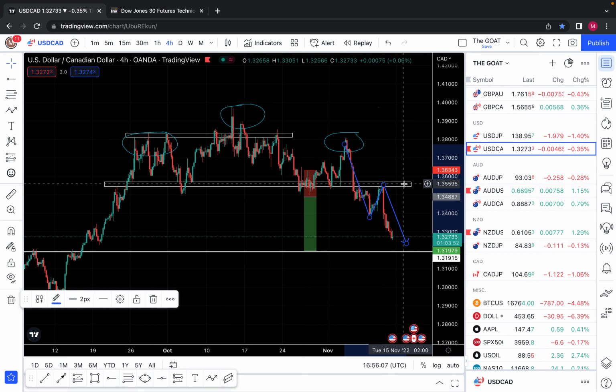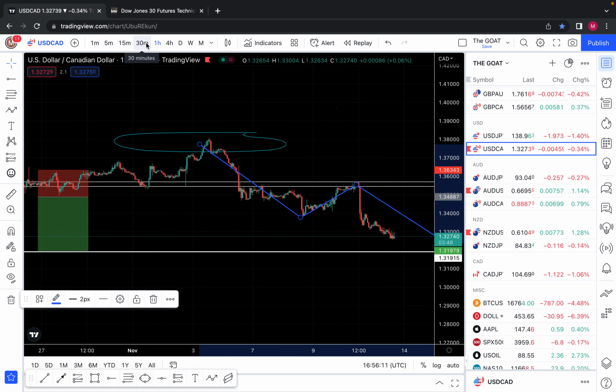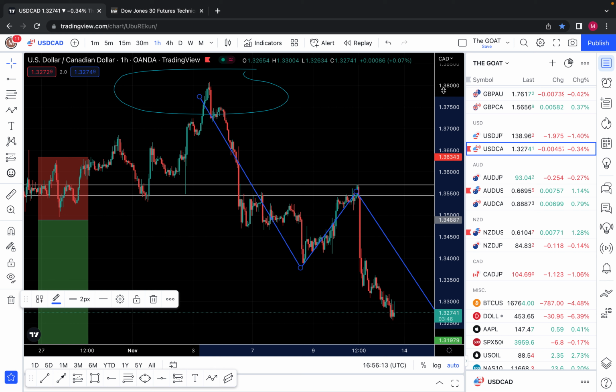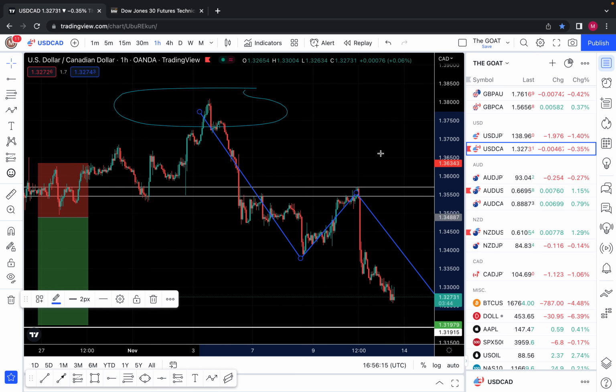So what I did here is I went down to the 1 hour, and I entered right at this wick, right at the close of that candle.